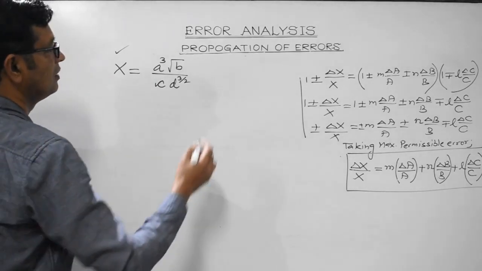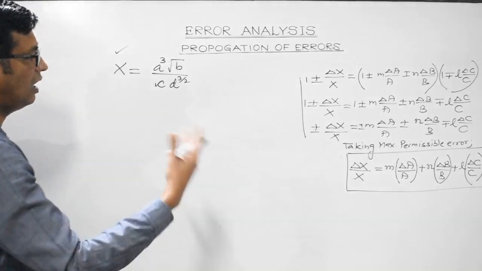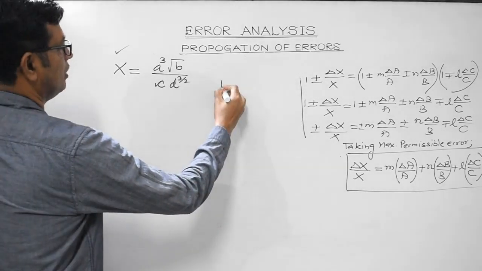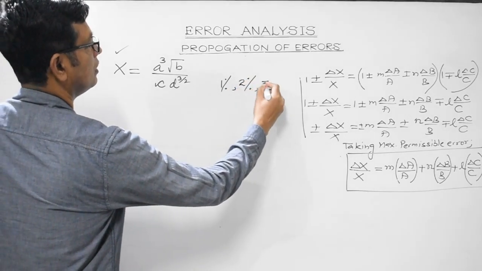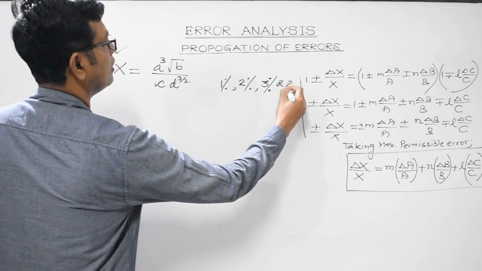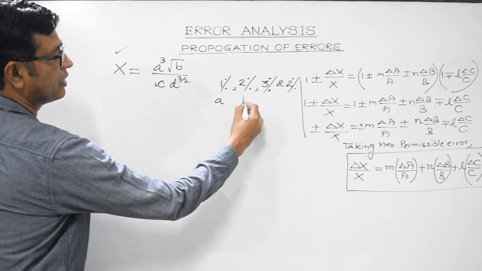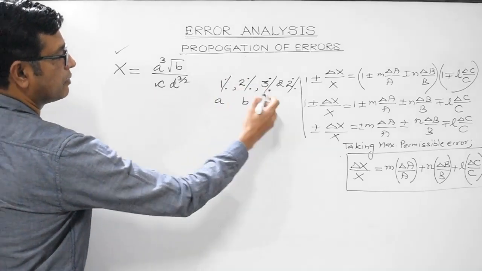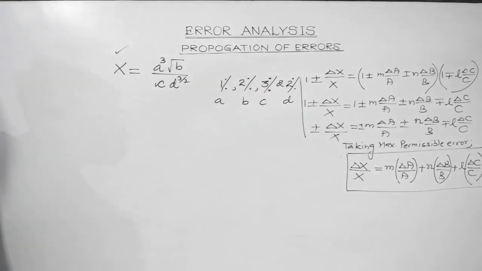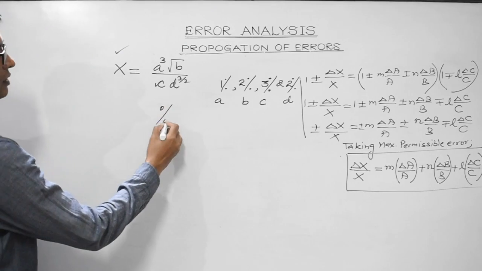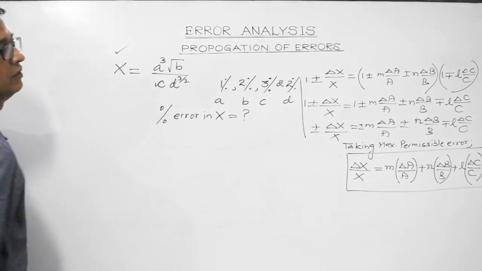And it is given that the percentage error in a, b, c and d are respectively 1%, 2%, 3% and 2%. This is the percent error in the measurement of A, this is the percent error in the measurement of B, this is the percent error in the measurement of C, and this is the percent error in the measurement of D. So what is the percentage error in the measurement of X? This is to be found.